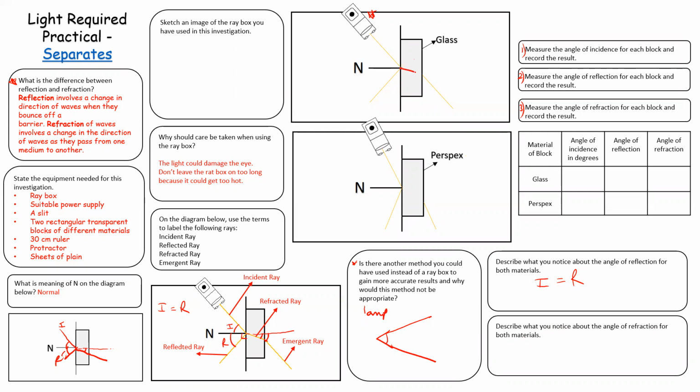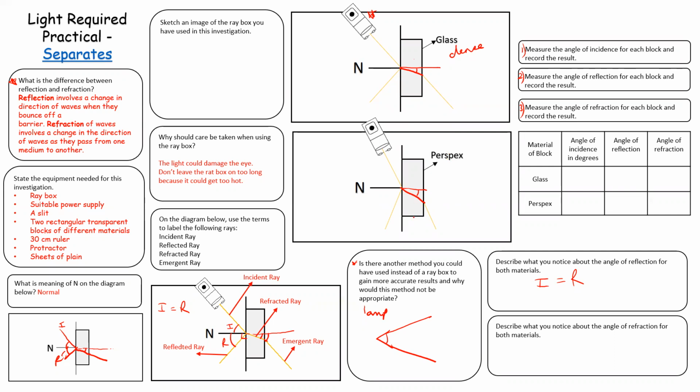If you draw a line straight to there and you draw a line straight to there, and compare this angle with this angle, with glass and perspex, glass is more dense, so the angle is more acute.